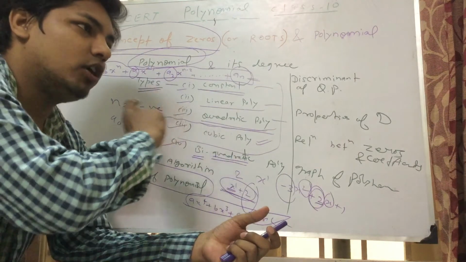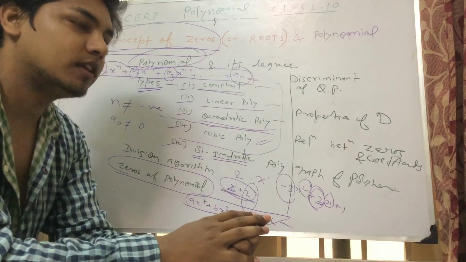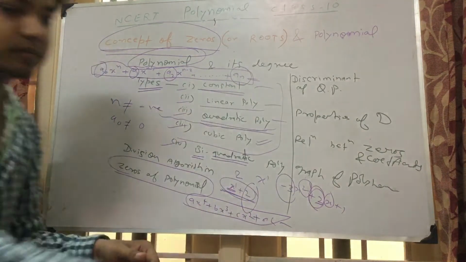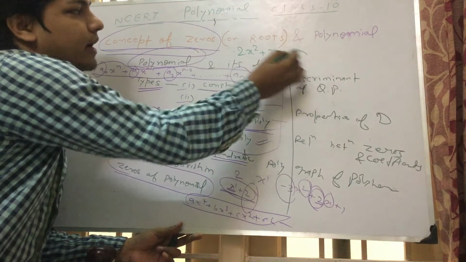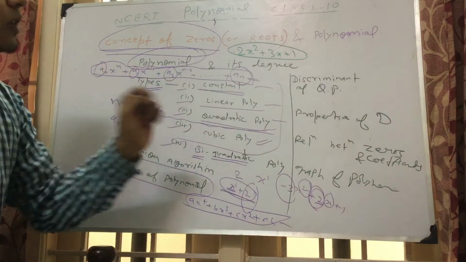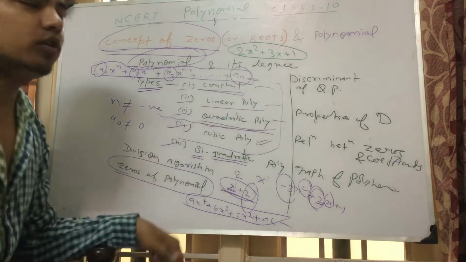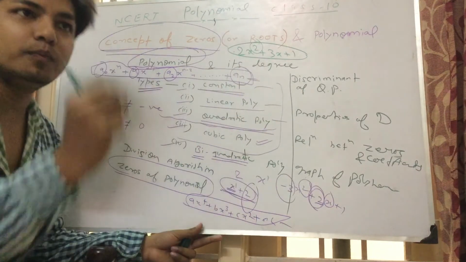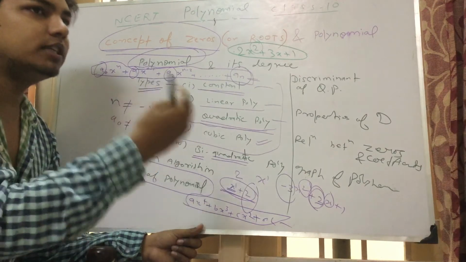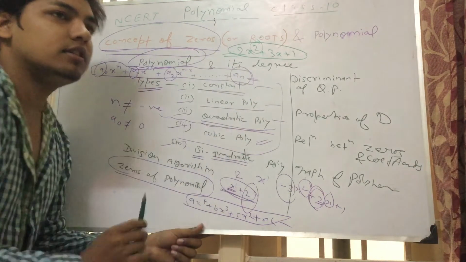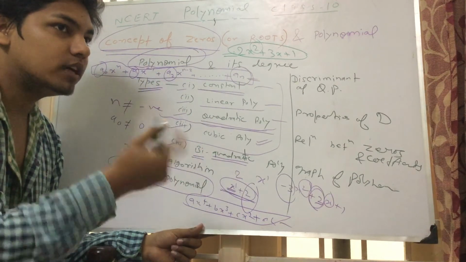So I will explain in this way. Suppose we are writing any polynomial, like 2x square plus 3x plus 1. So first thing, you decide whether this is a constant, linear or quadratic polynomial. No doubt this is quadratic because the maximum power is 2. Is it cubic? No, because the maximum power should be 3 for cubic. Now we are going to discuss what is a zero, Z-E-R-O.